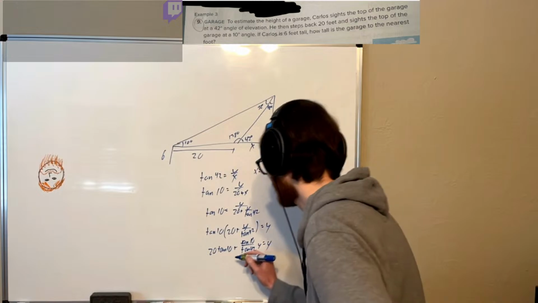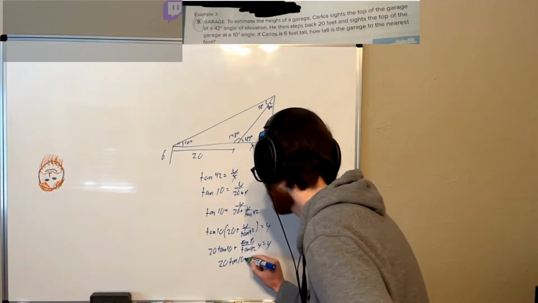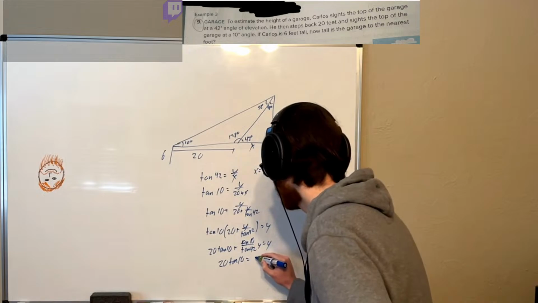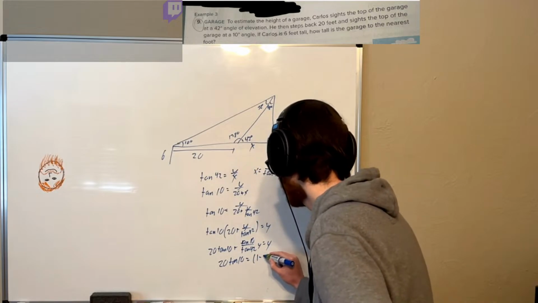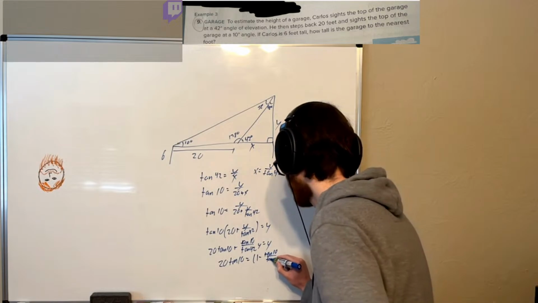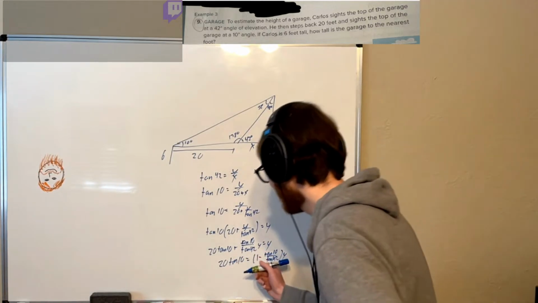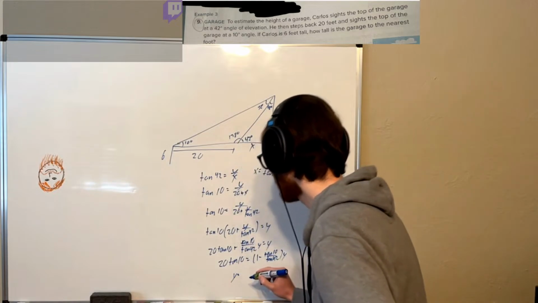Guess we can subtract that over. 20 tan 10 equals 1 minus tan 10 over tan 42 y. So divide by that, and I guess that's technically your answer, plus 6.